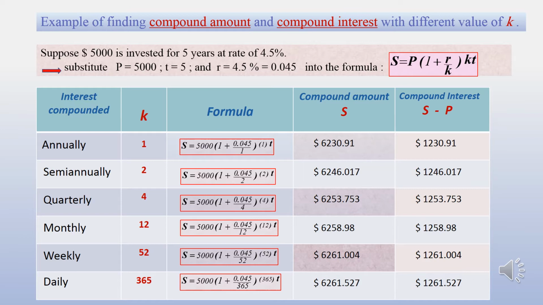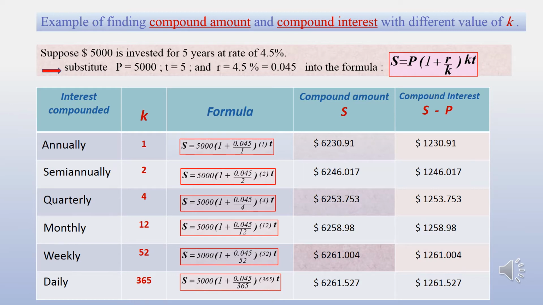So with K equal to 1, we found that the compound amount S equal to 6,230.91, with the compound interest S minus P equal to 1,230.91.